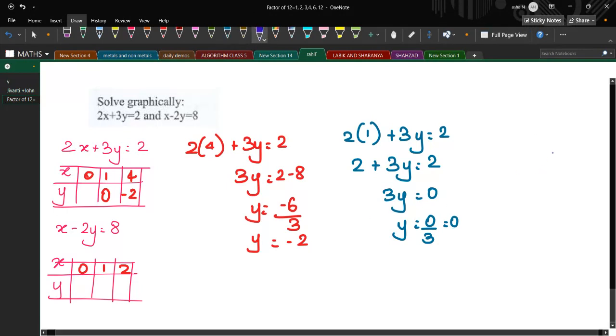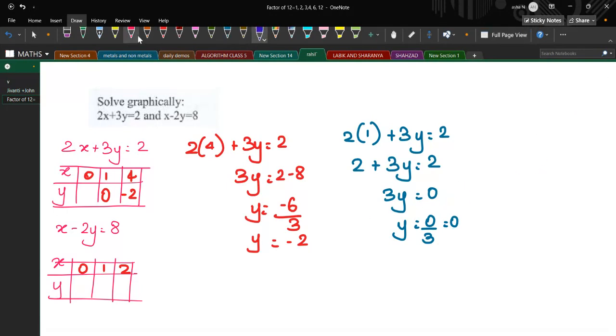Now next one, x we are taking 0. I think this will again be quite challenging. Let's take minus 4 and see. No, that will not work here. At least you have to take 3 points to be sure that whatever you have plotted is correct.